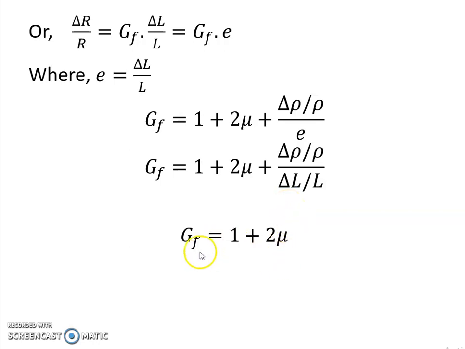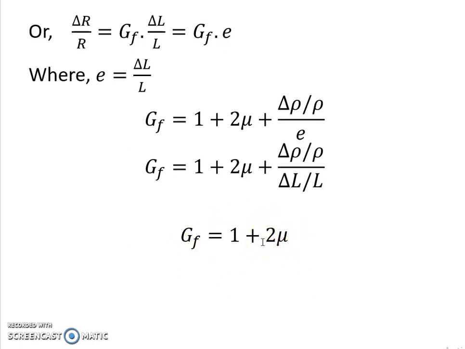This gauge factor depends upon Poisson's ratio mu. Poisson's ratio for all metals is different, and for metals it lies between 0 and 0.5. So the maximum value of gauge factor for metals is 2. If mu is 0.5, GF will be 2 for metals.